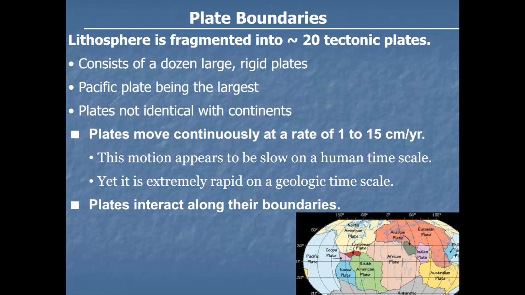So that's why this motion might appear to be slow on a human time scale, yet it's extremely rapid on a geological time scale. And such plates get to interact along their boundaries. Later on, we'll talk more in terms of how they interact.